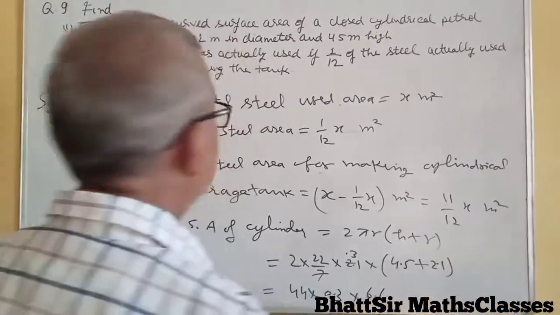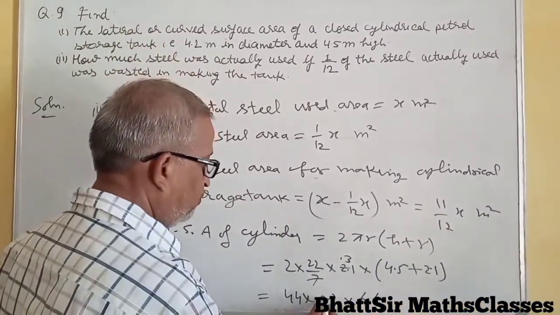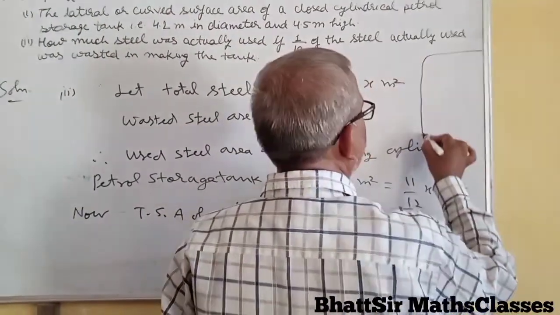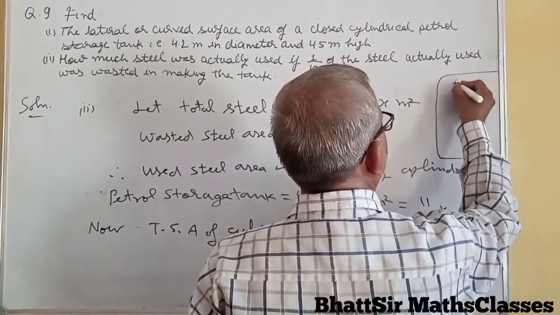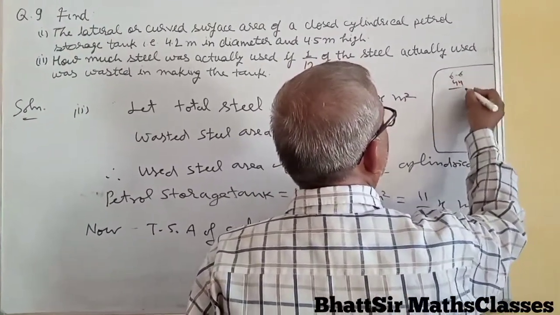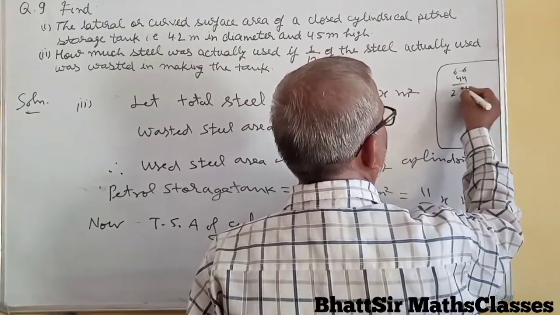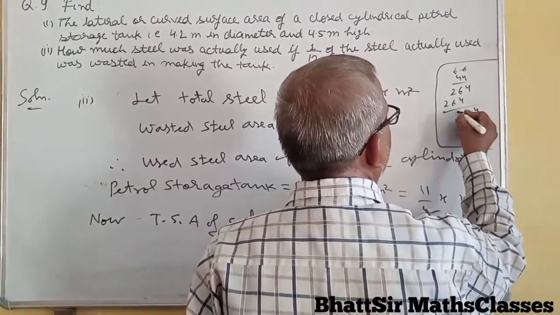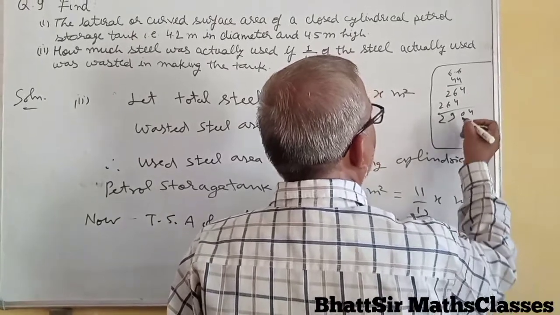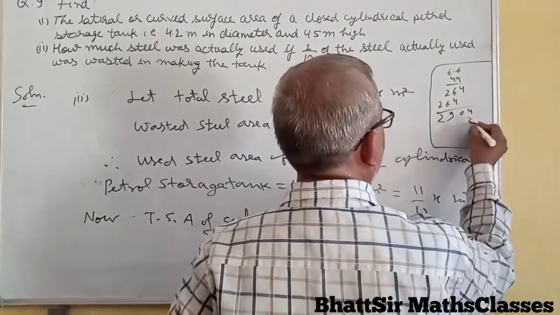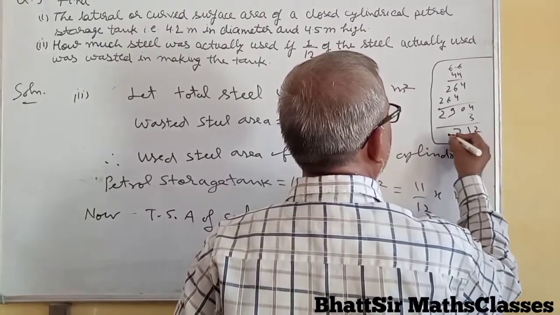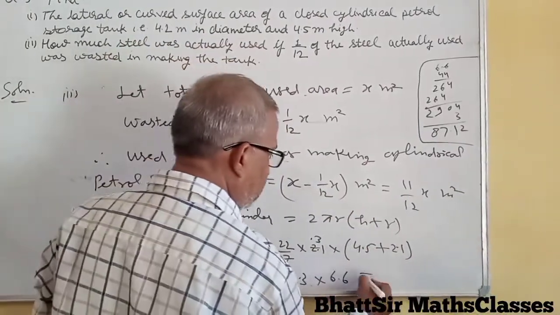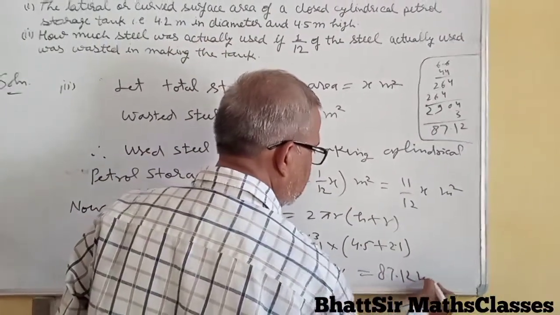Now four 6 is 24, carry over 2 4 is 24, 24 over 2 26, 24 carry over 2 4 is 24 26, 4 10 9 2, 29.04 into 3, 87.12 equal to 87.12 meter square.